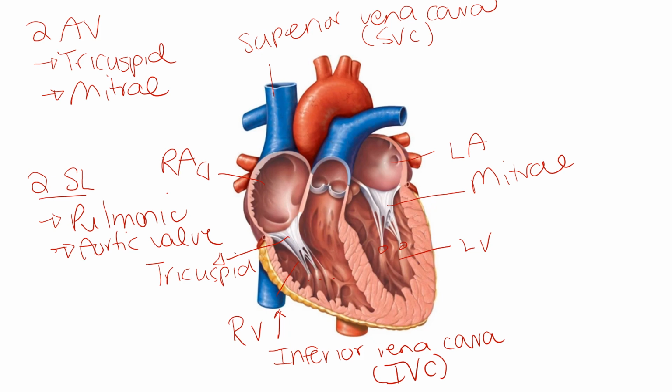Once the blood enters the right ventricle of the heart, as you recall from the previous slide, that blood is now going to the lungs. They go to the lungs via what we call the pulmonary artery.